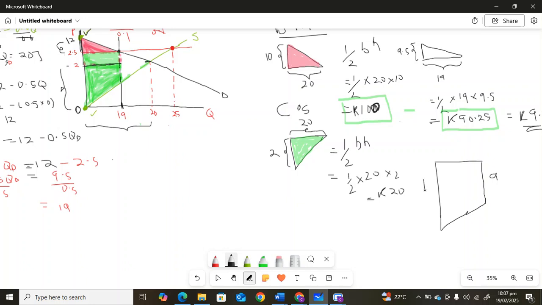A, B, and H. So, colleagues, let's start with our B. What is our B? Look at our graph there. What is our B?